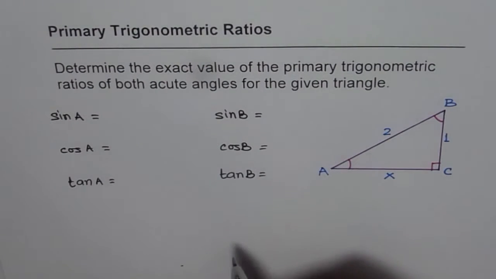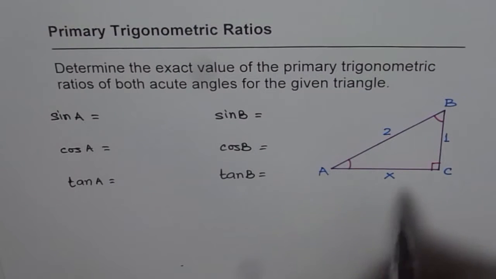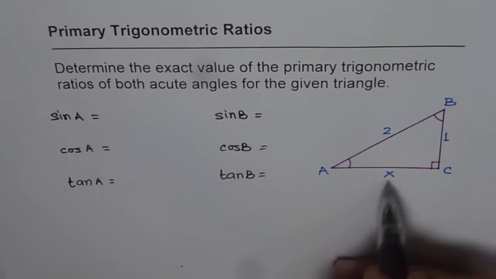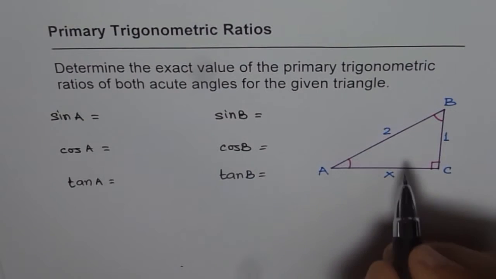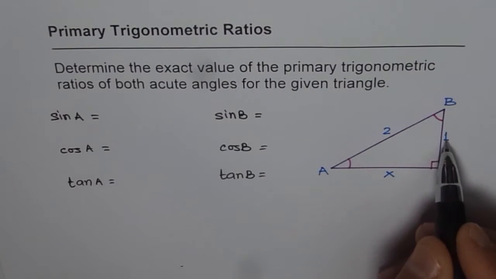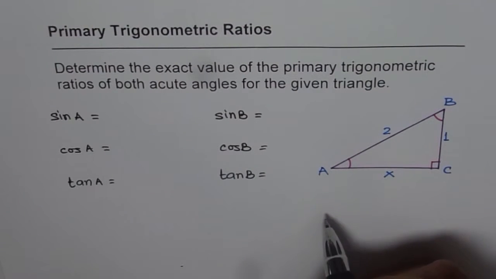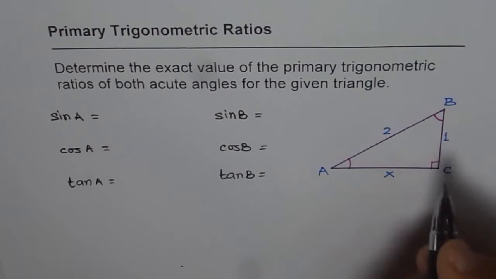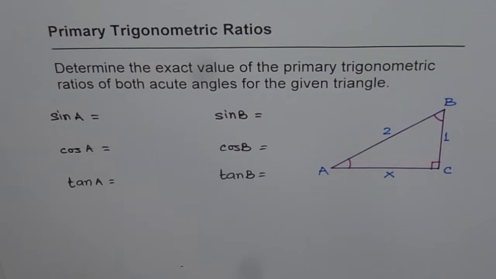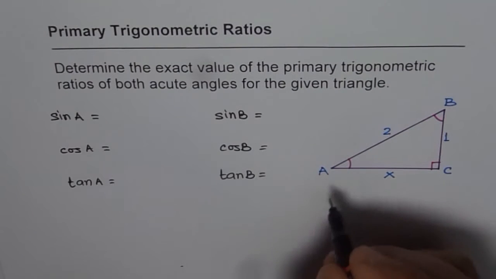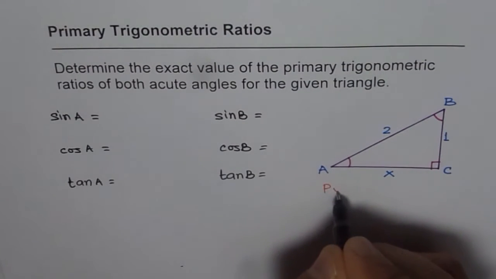Now to find sine, cosine, and tan, we also need to find the value of x. How do we get the exact value of x? For that, we can use Pythagorean theorem, correct? Now, sum of squares of smaller sides is equal to the square of the hypotenuse, right? So using Pythagorean theorem, let me write down here, we'll find x.